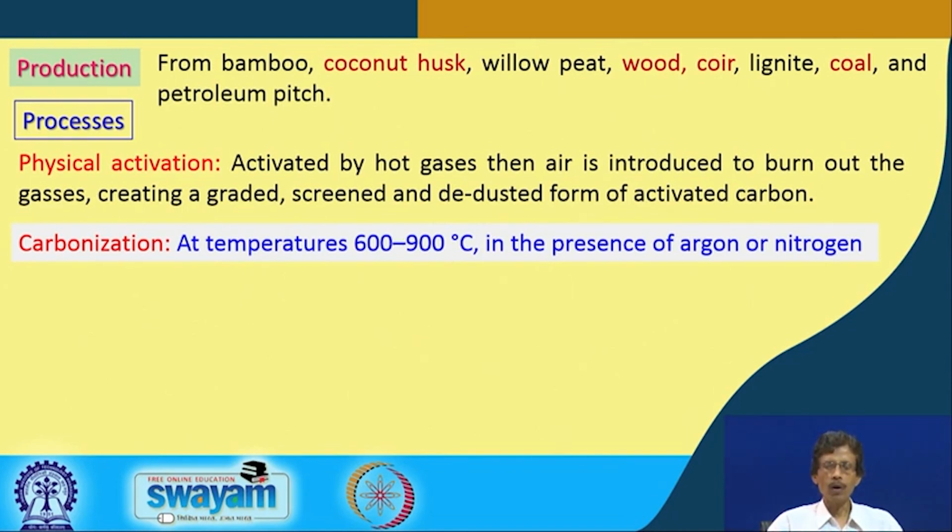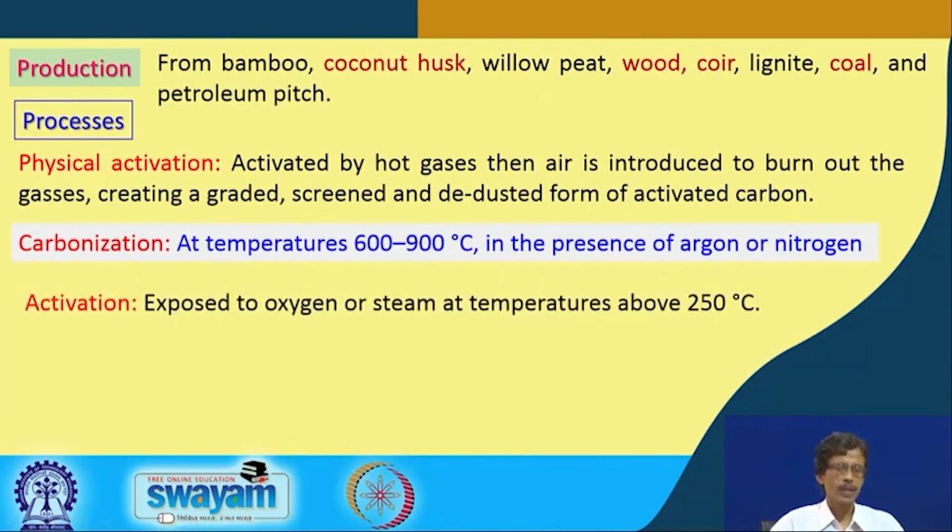That means we will not use oxygen or anything else for that particular burning process at this stage. So only inert atmosphere burning at a high temperature gives you the carbonization process. Then once you get that carbonized form, that means sucrose leaving behind only the carbon, so carbon mass is in your hand, then you have to go for the corresponding activation.